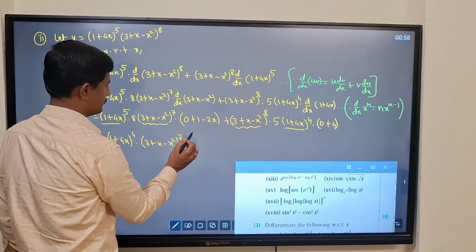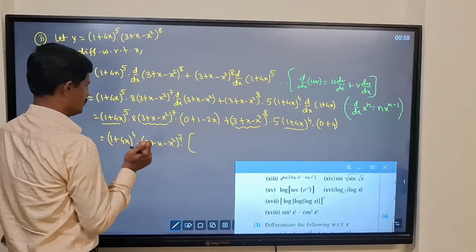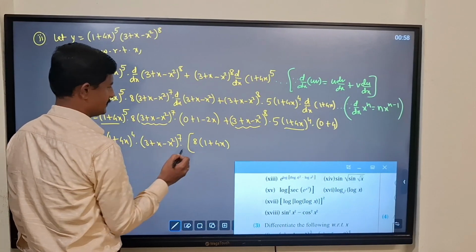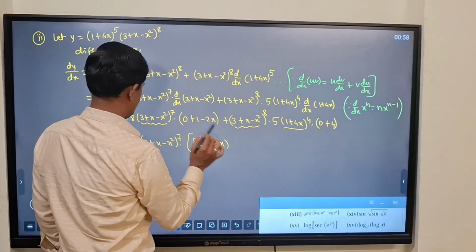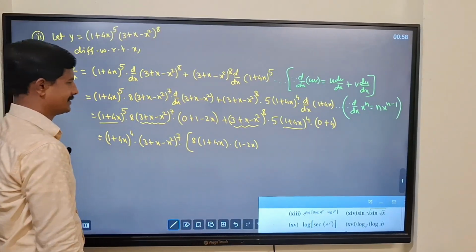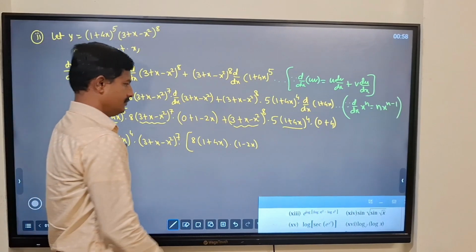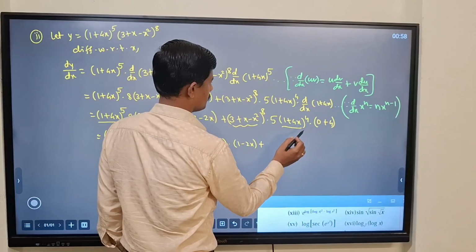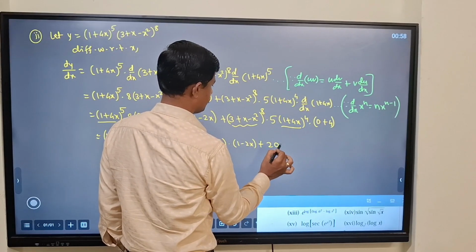What remains inside? See, 8 into (1 + 4x), and here remains (1 − 2x), and here what remains constant? Plus 5 into 4, that is 20.